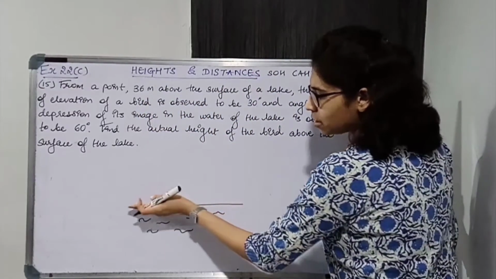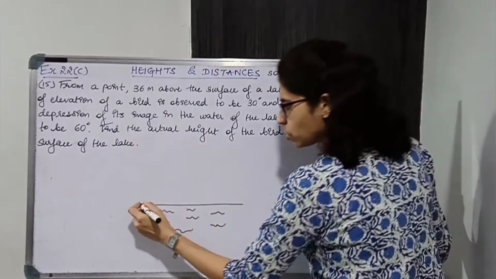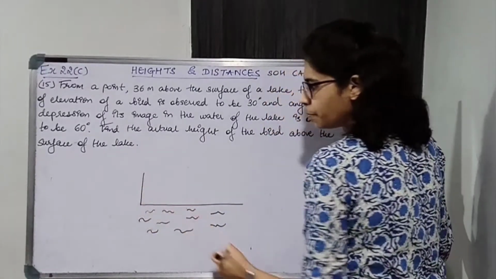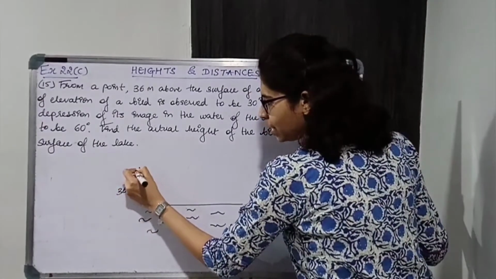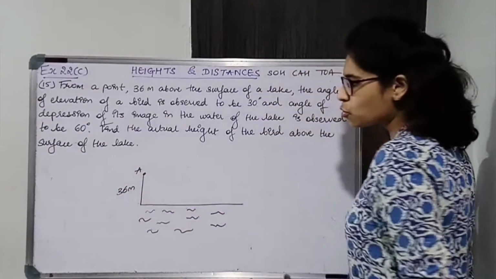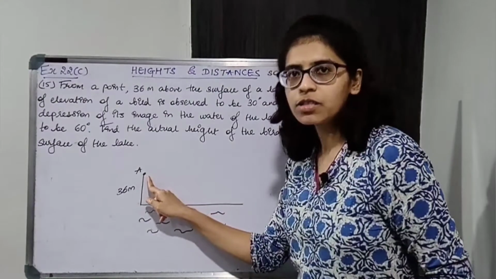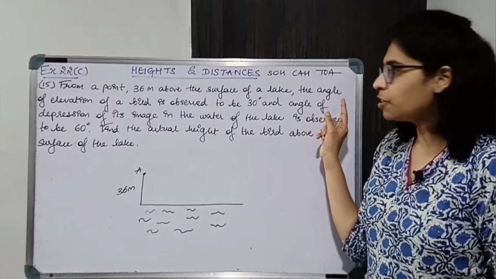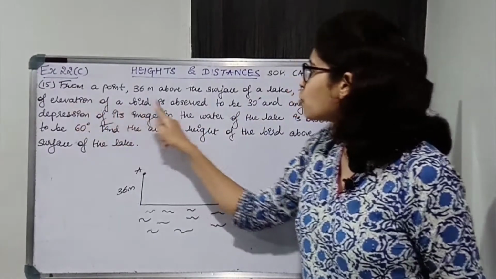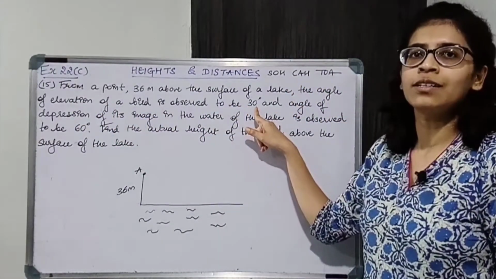So this surface is 36 meter below. So let's say you are going 36 meter above. Let the point be A. So 36 meter above the surface of the lake, we are observing a bird. So the angle of elevation of the bird is observed to be 30 degrees.